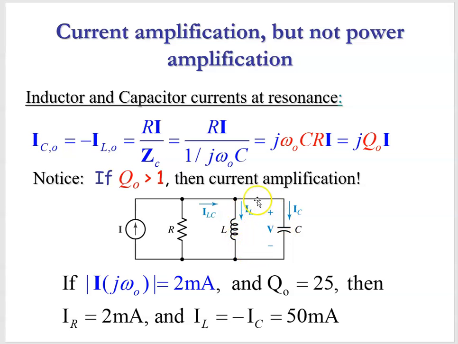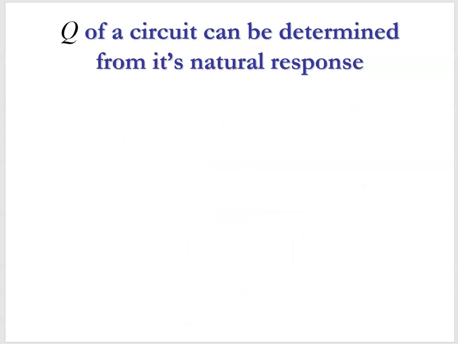That 50 milliamps is just going to be flowing around in this loop here, one being the negative of each other relative to the passive sign convention. So one will be absorbing energy while the other is delivering, and vice versa. And we get this pure resonance that we looked at the beginning of the resonance module.